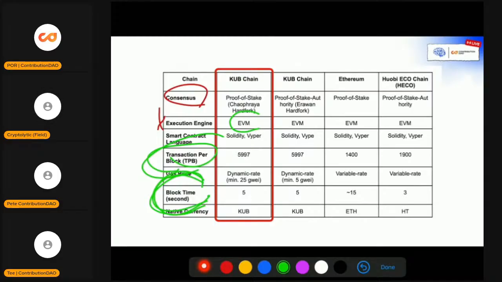So if you send a transaction to the chain and the block time is quite low, you have to wait only a couple of seconds before it can be finalized. So it's just a hyperparameter that the chain owner can tune. Nothing interesting about that.